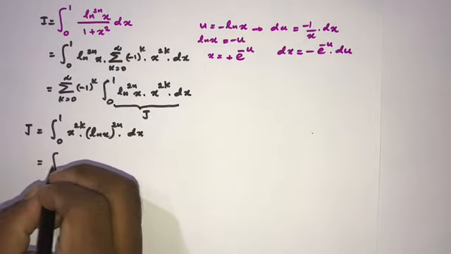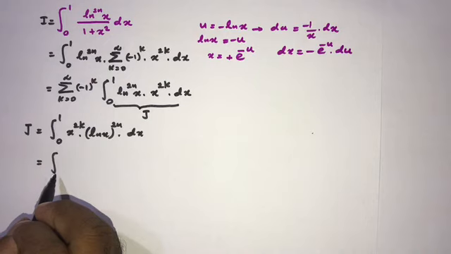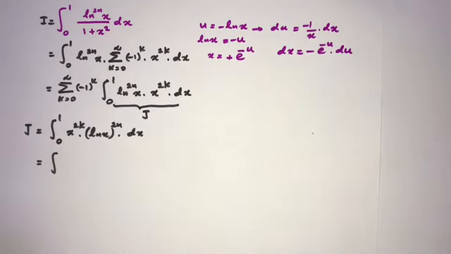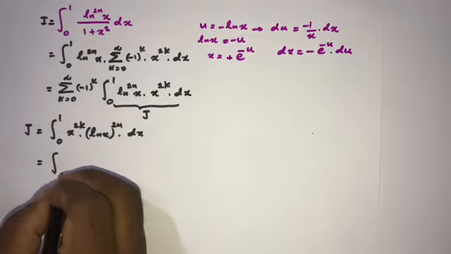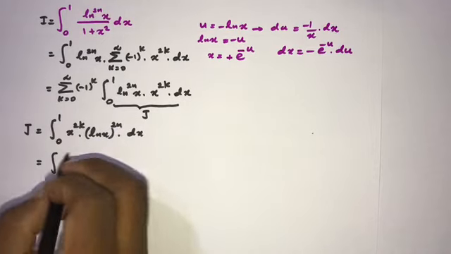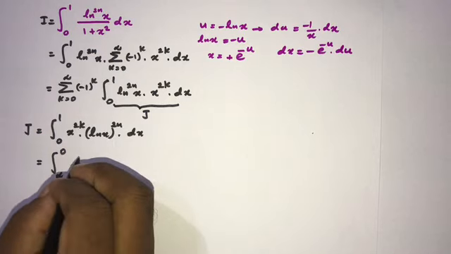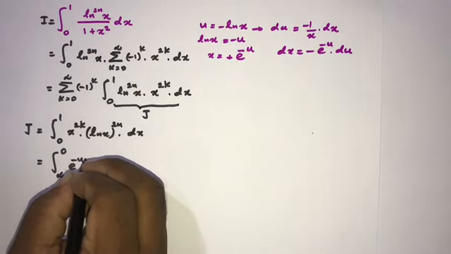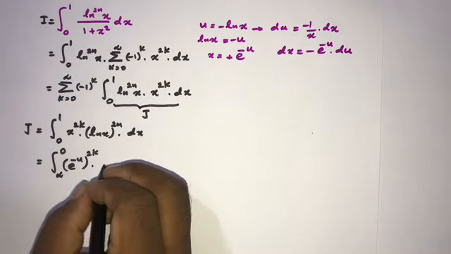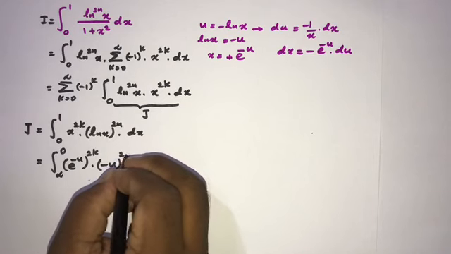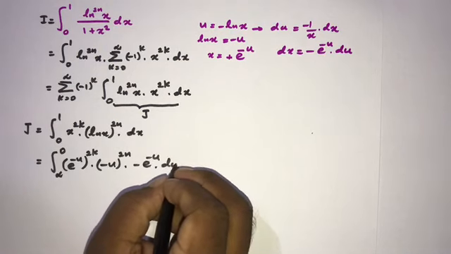Now we should change the upper and lower boundaries. When x approaches 0, u approaches infinity. When x approaches 1, u approaches 0. Now x is equal to e to the minus u, so e to the minus u raised to the 2k power times natural log of x, which is minus u, raised to the 2n power, and dx is equal to minus e to the minus u du.